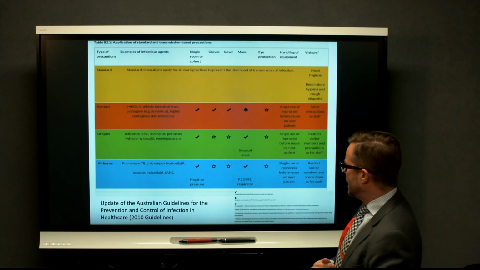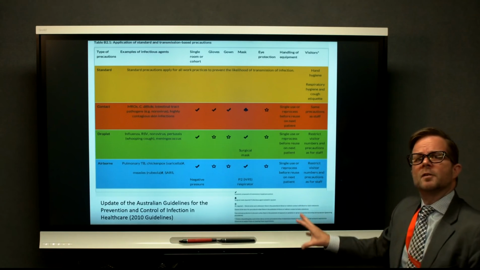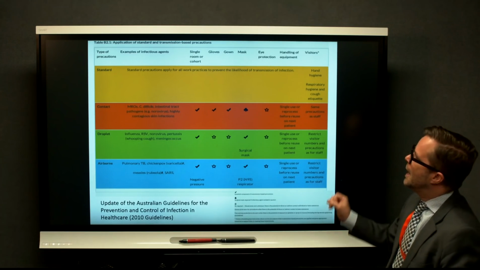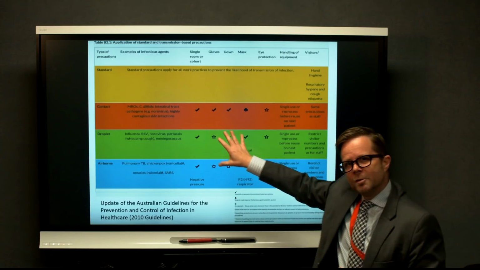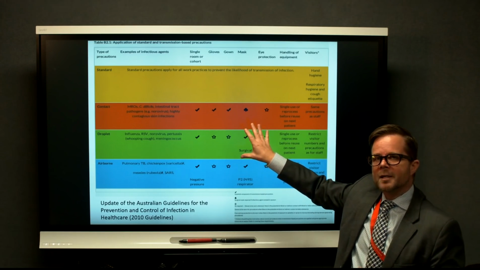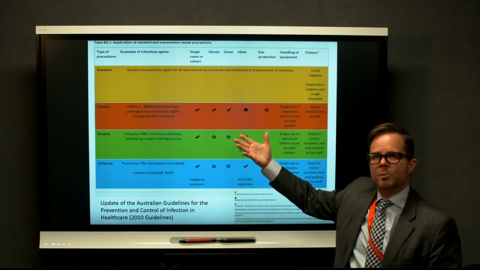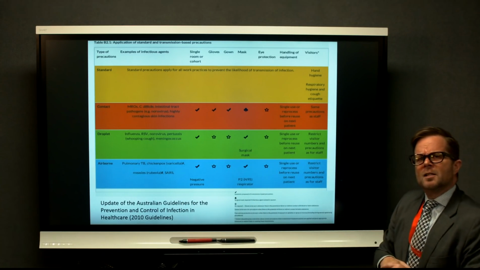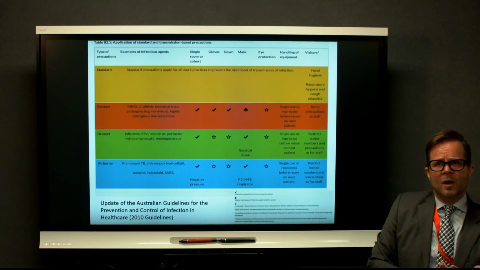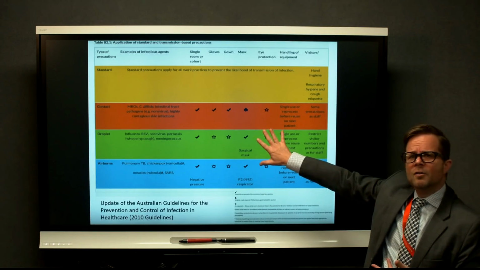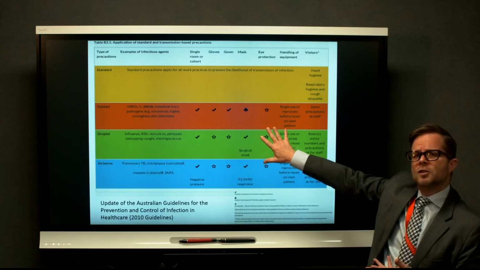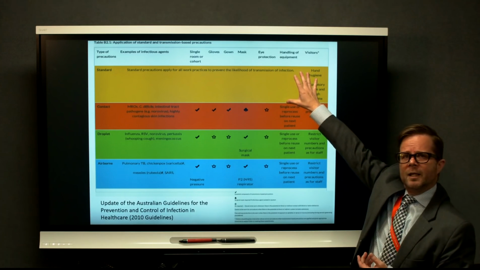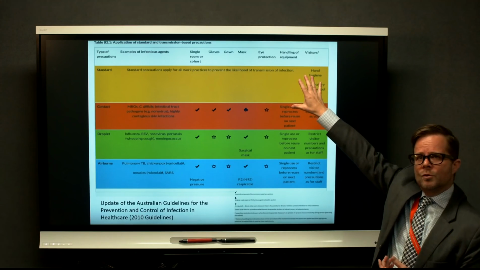So you can see here the major difference between standard precautions, which is what we do every day with most people, and then transmission-based or disease-based additional precautions which we would take in these cases only. So things like HIV, hepatitis, for example, are not treated with additional or transmission-based precautions. They are managed effectively with standard precautions.